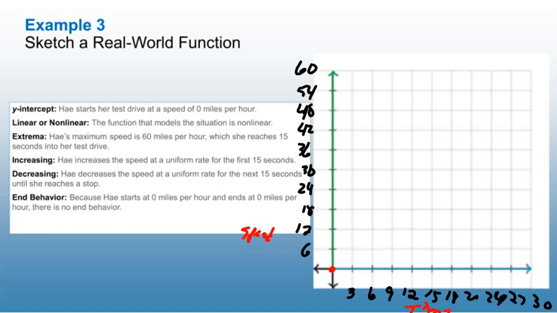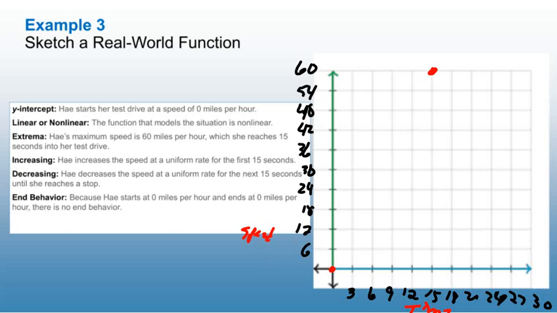And then it says the function that models the situation is nonlinear, so it's not a straight line. The extrema, maximum speed is 60 miles per hour, which she reaches at 15 seconds into her test drive. If I go to 15, I'll get to 60. That would be here. So I have a maximum up here.